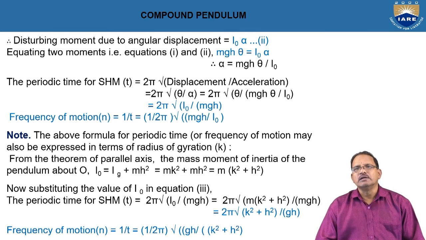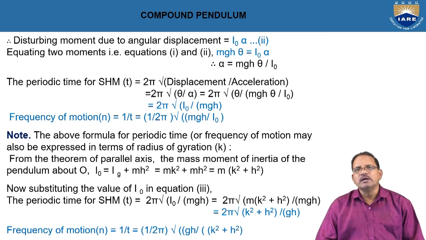Equating these two moments, that is mgh theta equal to I naught alpha, where I naught is representing the mass moment of inertia of the pendulum at its pivoting point O, alpha is the angular acceleration. Then by using these two equations we got alpha is equal to mgh theta divided by I naught.